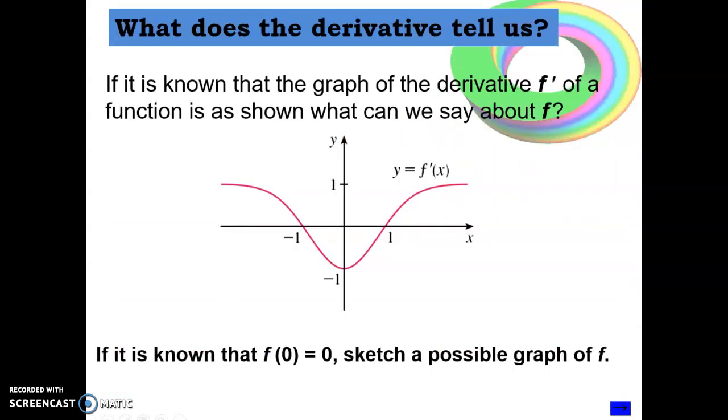So if it is known that the graph of the derivative, f prime, of a function is as shown, what can we say about the original function f? Before we answer this one, if it's known that f of 0 equals 0, sketch a possible graph. Let's see what this derivative tells me about f.